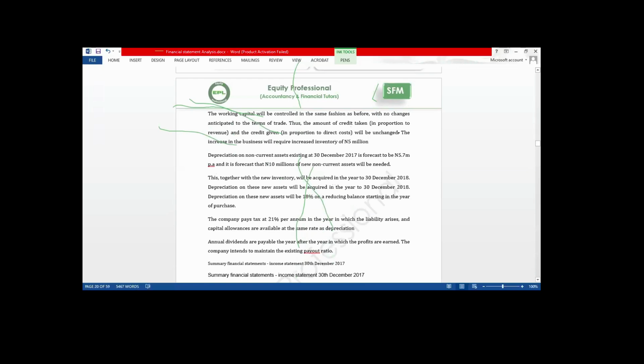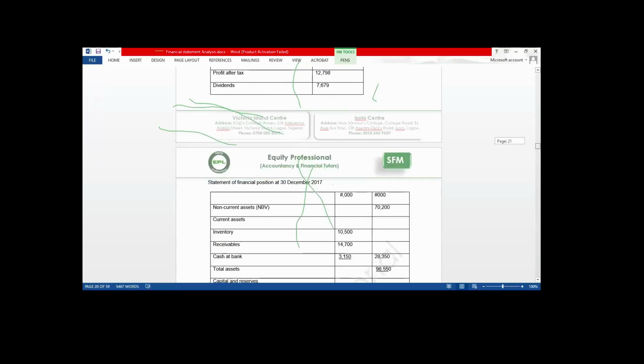The increase in the business will require increased inventory of 5 million. That means our inventory will increase by 5 million. Let's go check. What is the inventory value? In 2017, inventory value, 10,500. Thank you. This value will increase by 5 million.